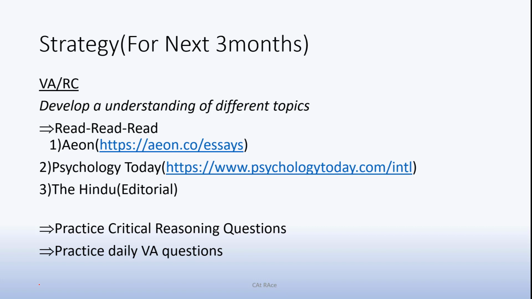If you are from a math background, you can get good marks in QA and DILR perhaps. But if you're not from a math background, I would not suggest you write a mock right now. Give yourself a preparation of about 1 month or 2-3 months, and after that start writing mocks. Then you will get the confidence. Otherwise, if you write a mock right now, you may not get very good marks. It may demotivate you.